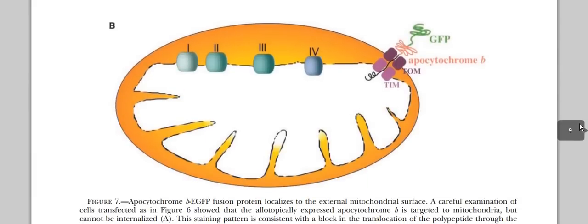Here, what they noticed with the main problem, with the 2 that didn't work, ND4 and apocytochrome B, was that not only were they not getting into the mitochondria, but they were completely jamming up the Tim-Tom complex, and as a result, they were getting this aggregate of hydrophobic protein building up outside of the mitochondria.